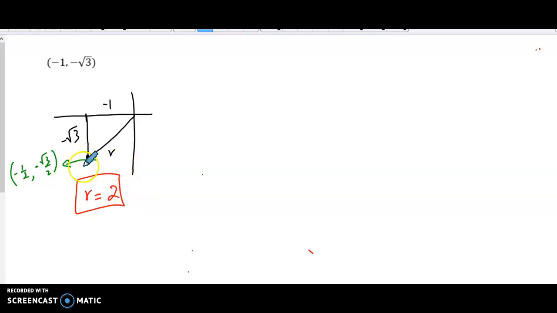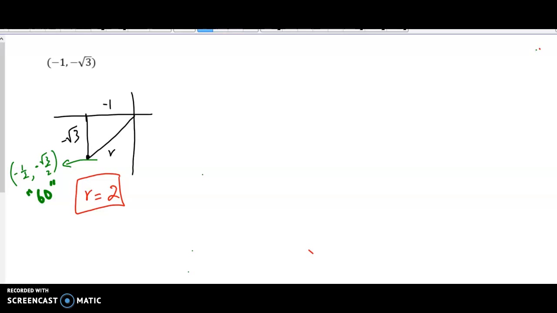So when you work this out, your r value turns out to be 2. Okay. And when you do the cosine and sine of this angle measure, your cosine ends up being negative 1/2 and your sine ends up being negative root 3 over 2. And when it's in this order, this is quote unquote 60 degrees, right? Meaning in quadrant 1.